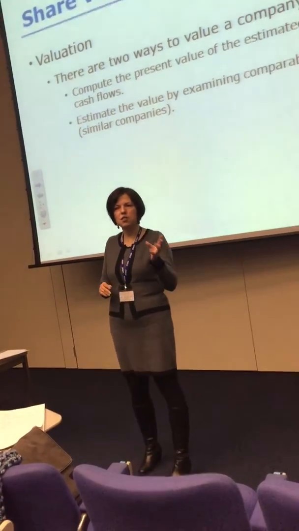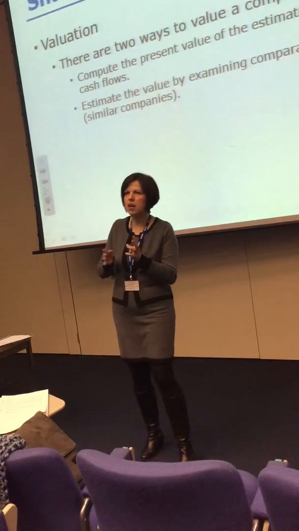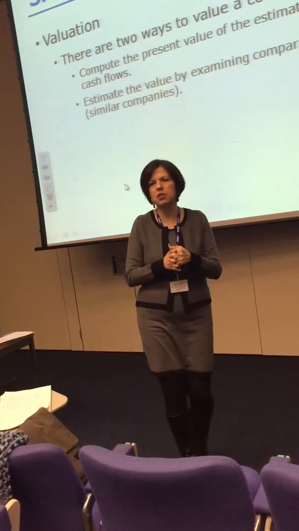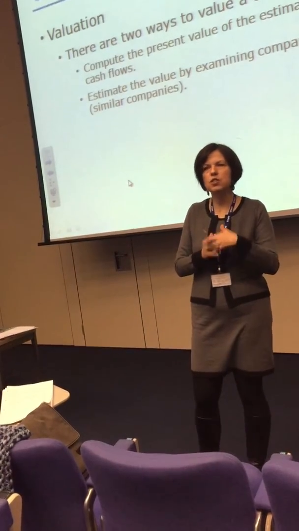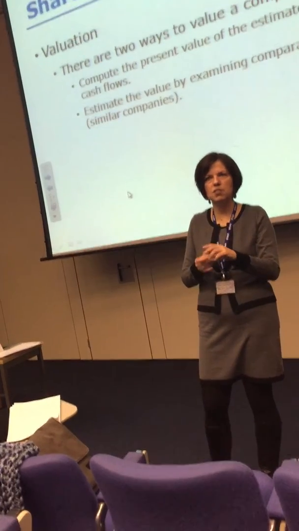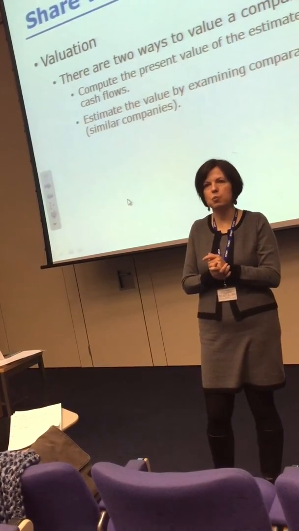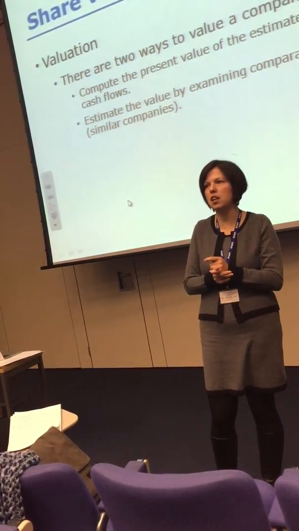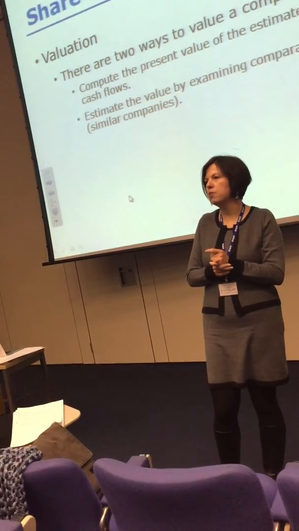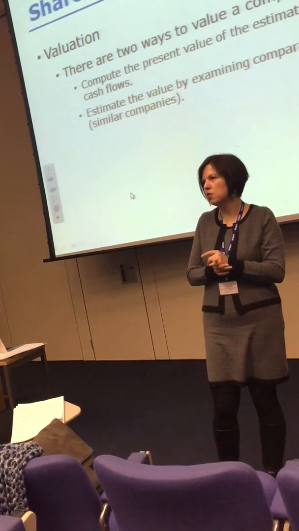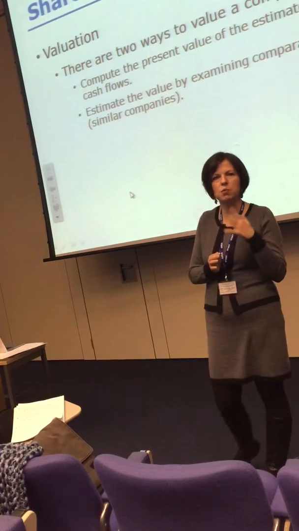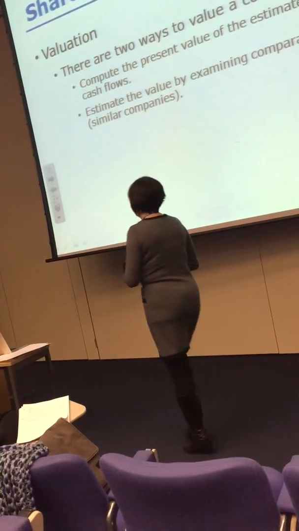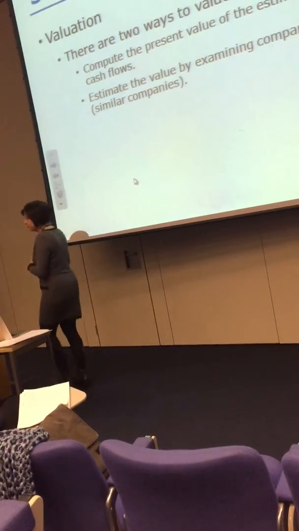But as I said, the beauty of the time value of money and discounting and present value is that it fits into all topics, because that's what it really comes down to. Pretty much almost everything we've done is finding the present value of future cash flows, and that's what the valuation is based on.